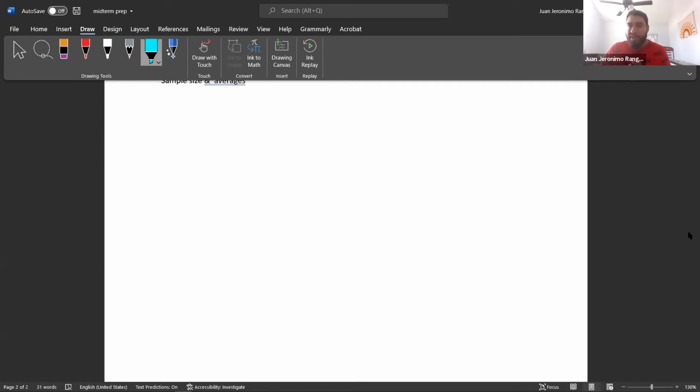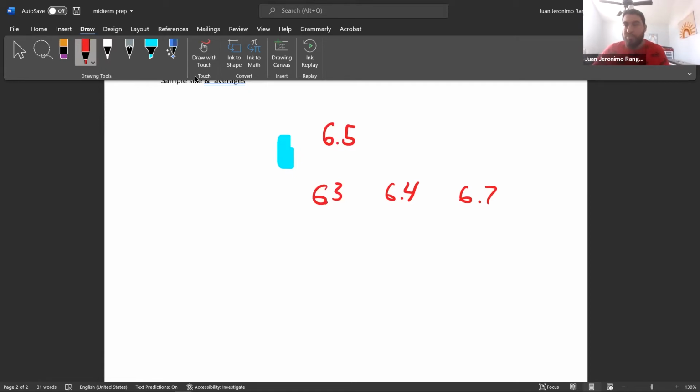Of course, there's levels of accuracy and precision. So if you have 6.5 being your true value, and you have things like 6.3, 6.4, 6.7, you're somewhat accurate to a couple of tenths places. But if you're like say 7 or 8, then you're way off, and you're losing accuracy the further away you get from that true value.